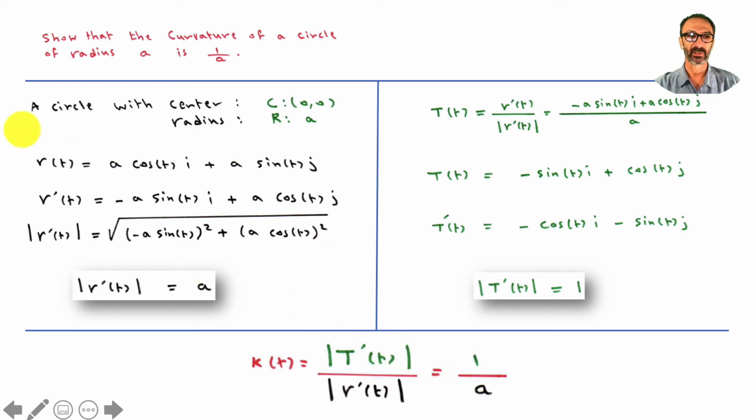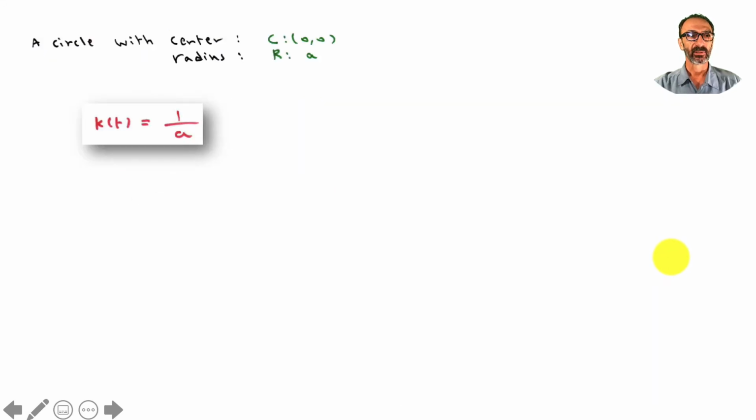Just plug them in. As you can see, it's a lot of work, but if you have the formula, you just need to get used to it and build it step by step. So we have a circle with center 0, 0 and radius r equals a, and we came up with the curvature to be 1 over a.